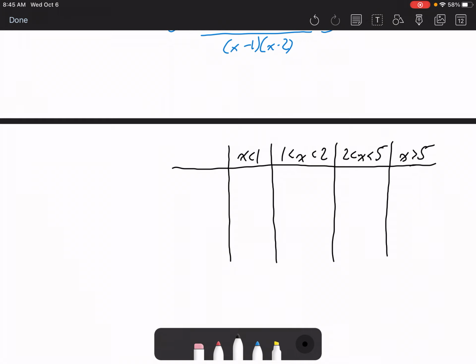The factors we're going to use are x minus 5, x minus 1, and x minus 2 to get our result. So again, it's just like the interval chart we created with polynomial inequalities. So I'll give you some time to fill this out. Pause the video at this moment, fill this out, check your answer at the end.